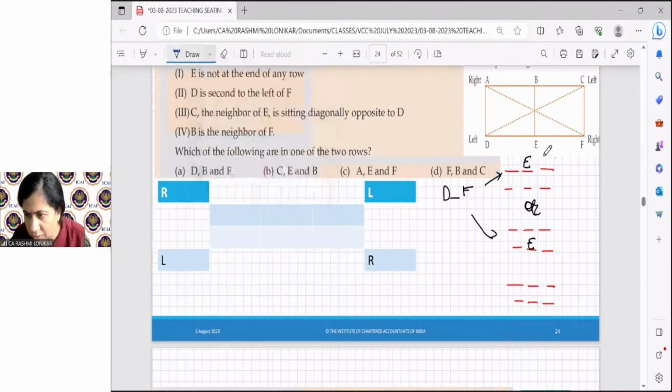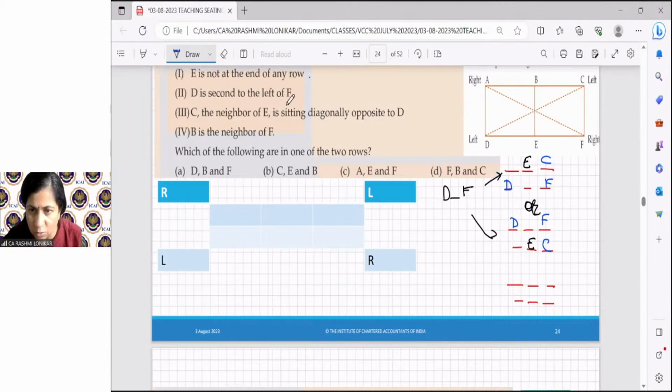If I have C like this, C is the neighbor of E and diagonally opposite D, which means D has to sit here. Then D dash F. If E is sitting here, then my C will be here and my D dash F will be here. So E is not at the end of any row, completed.